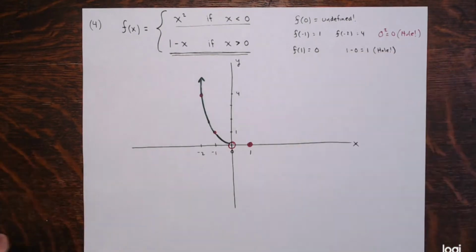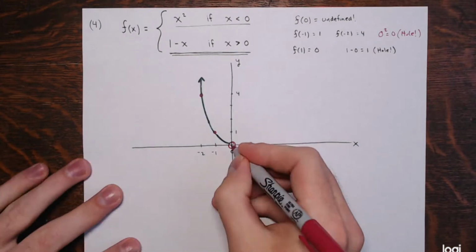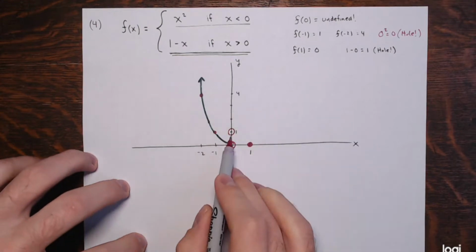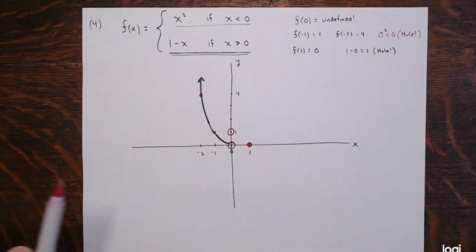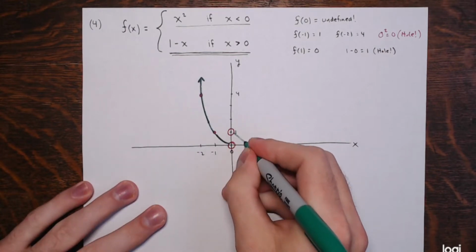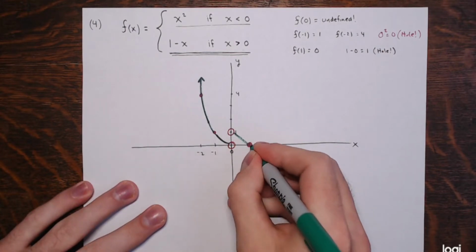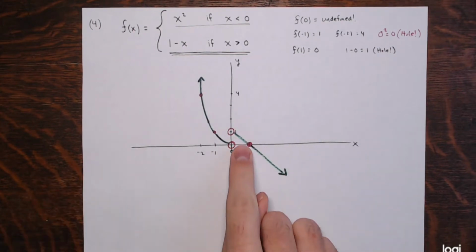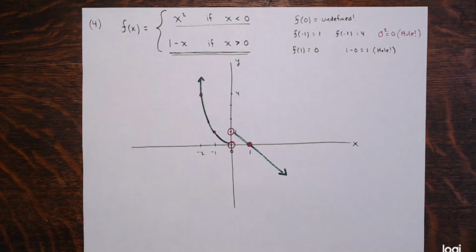It should be an empty point at 0, 1. So open point here at 0, 1. It's not actually there, and then the rest of it's a line. It's a linear function, 1 minus x. The rest of it's part of the graph of y equals 1 minus x, for where all the x coordinates are greater than 0. And that's it, just the two pieces.